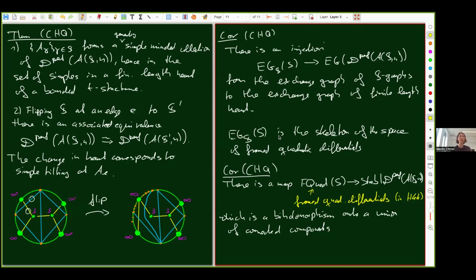So the question is how can you describe the non-finite length hearts in a similar way? And that's probably not true, because there will be hearts which are not finite length. If you think of this example of the Kronecker quiver, in the first part of these two papers, we consider more general types of sheaves of categories, and usual topological Fukaya categories, meaning graded Gentile algebras, also fit in this framework.